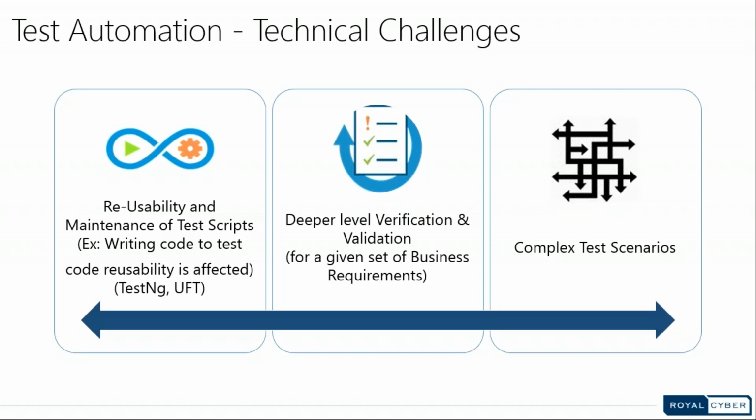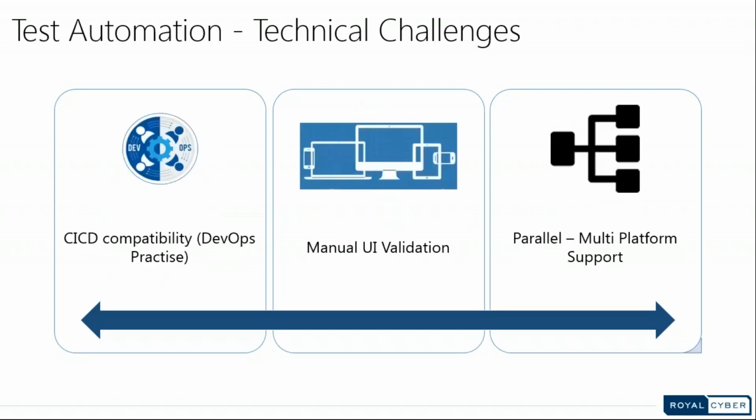And all the time, test scenarios might not be straightforward. There are a lot of complex test scenarios from the business perspective, so we need to understand those business requirements and implement them technically in the test automation also. These are one set of technical challenges I'm talking about here.